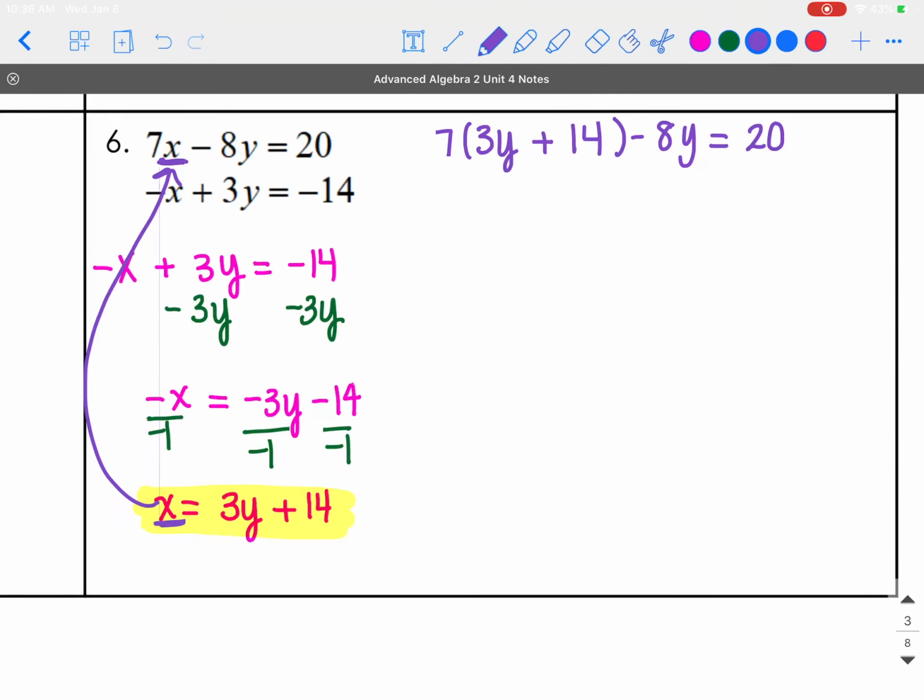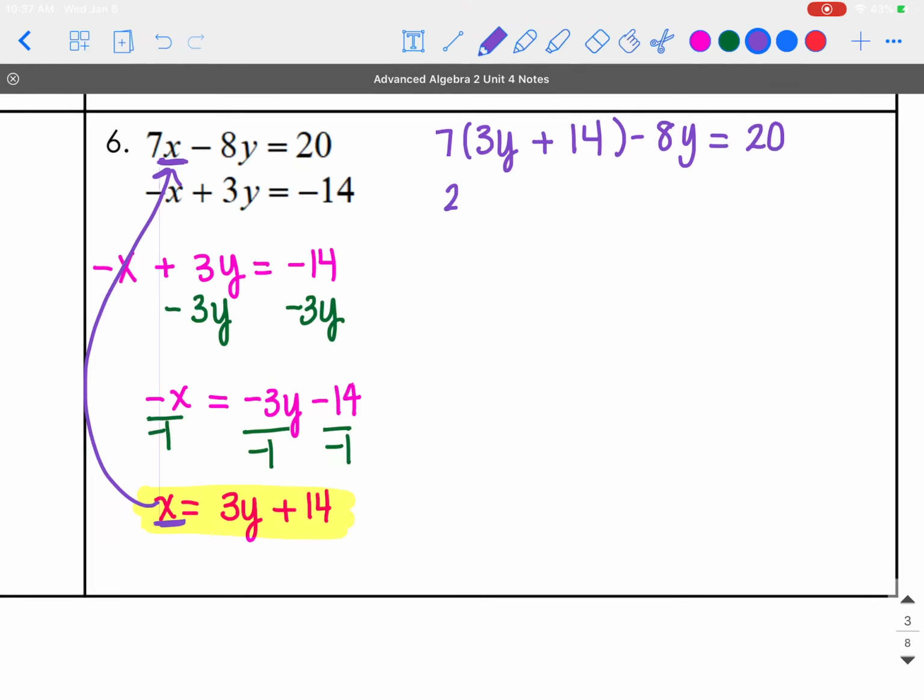If you plug in and you have an x and a y still in this equation, then you know you plugged it in wrong. The whole point of this is just to get down to one variable. So that's kind of a hint for when you're working on this. If you're getting confused because you have an x and a y still, you know you messed up.